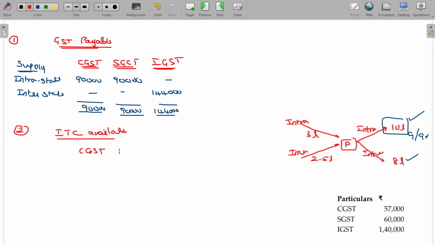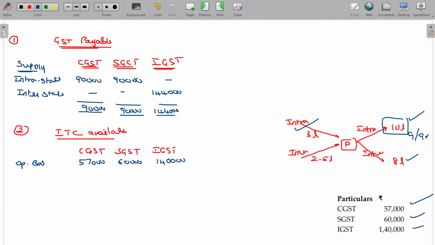CGST, SGST, IGST. What is the opening value you already have? You have 57,000 in CGST, 60,000 rupees in SGST, 1,40,000 rupees for IGST.